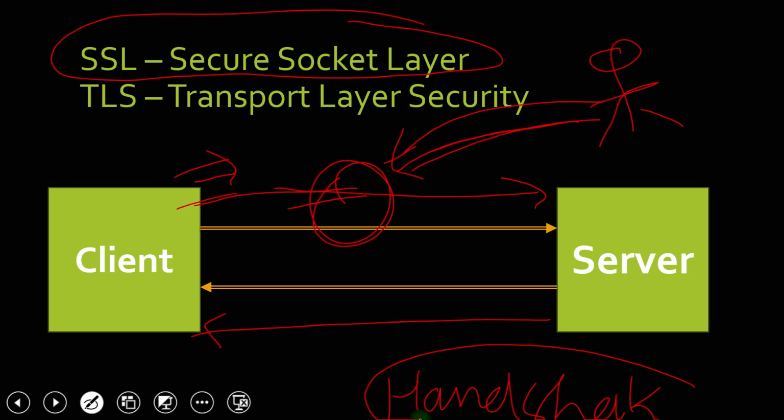When that is clear, they will start transferring the username, password and other information. Whatever information the client passes will be encrypted. So let's say you are passing ABC, that won't be ABC on the internet. It will be encrypted into some garbage text and you have to have some sort of private key to decrypt that and see it. The bad actor will not have that private key, so they won't be able to see it.